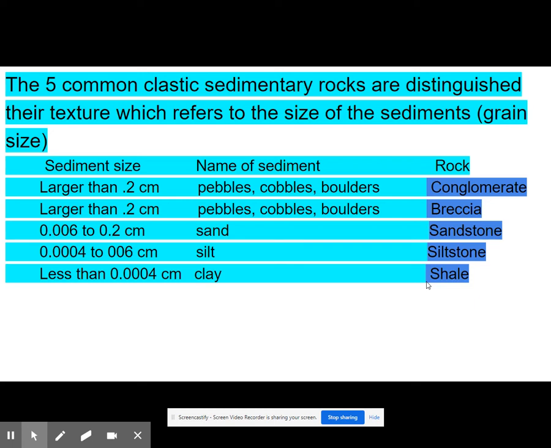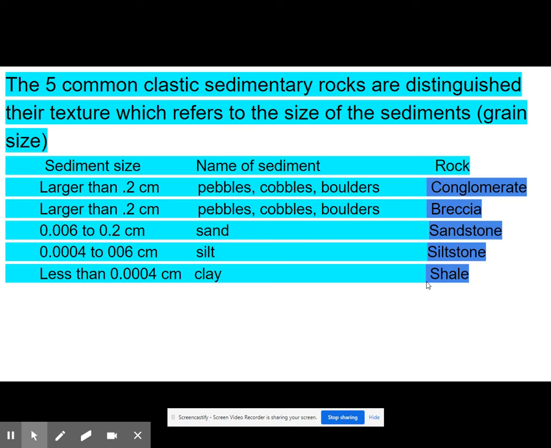Those sediments can either form what's called a conglomerate or a breccia. Now, if the size of the particles is between 0.006 to 0.2, we call those sand particles, and that's going to be a sandstone.